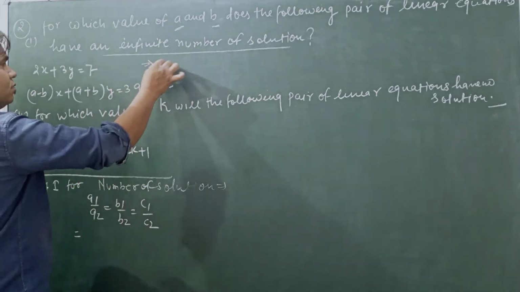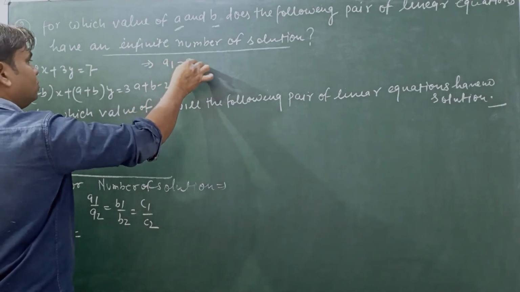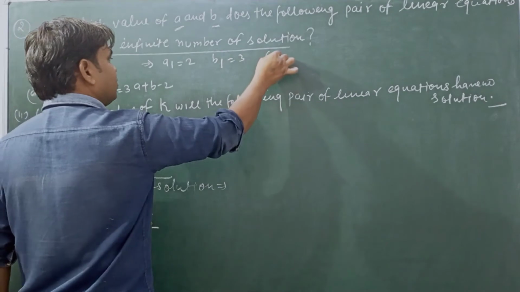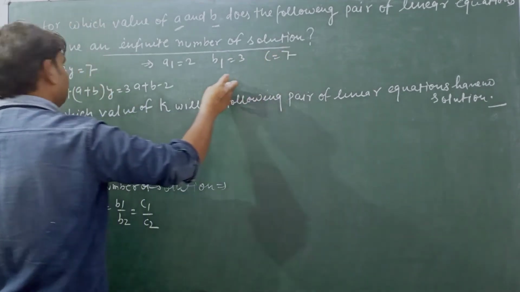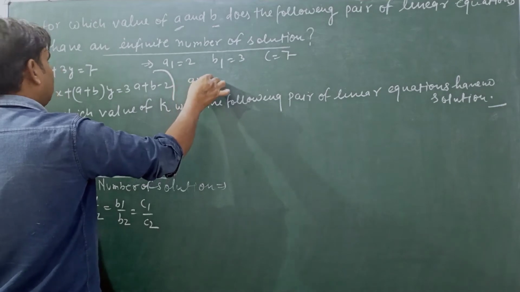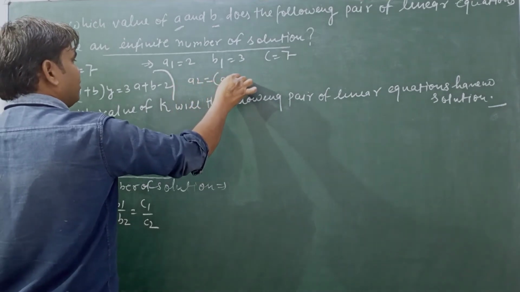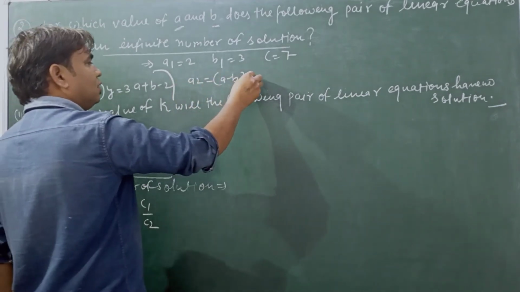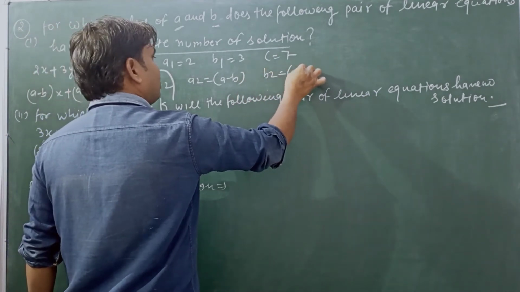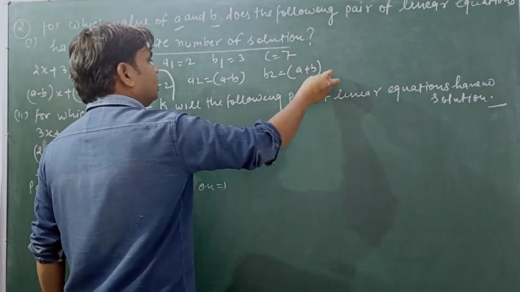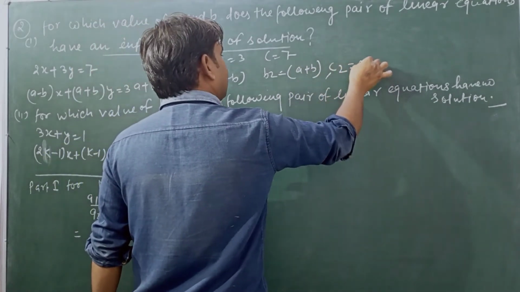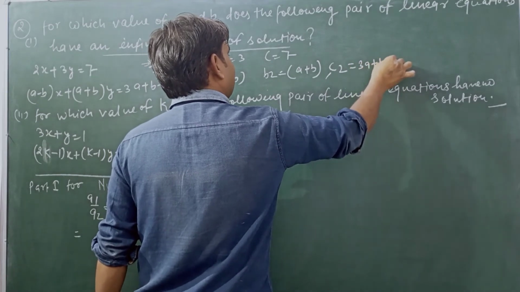From this, a1 equal to 2 and b1 equal to 3 and c1 equal to 7, and a2 equal to a minus b, and b2 equal to a plus b and c2 equal to 3a plus b minus 2.